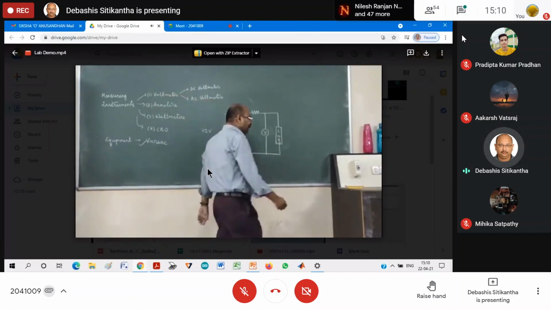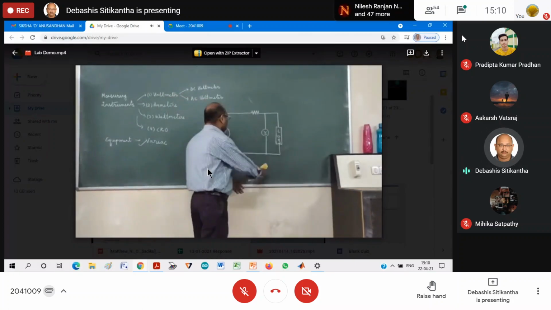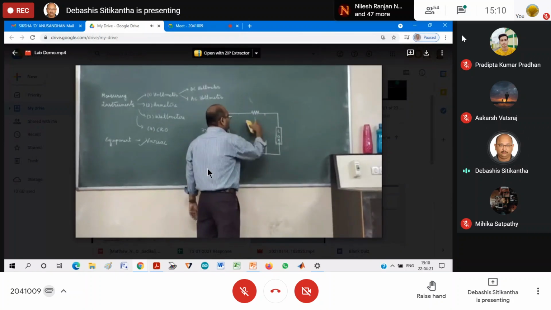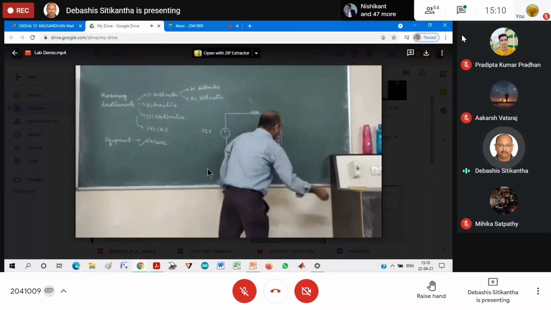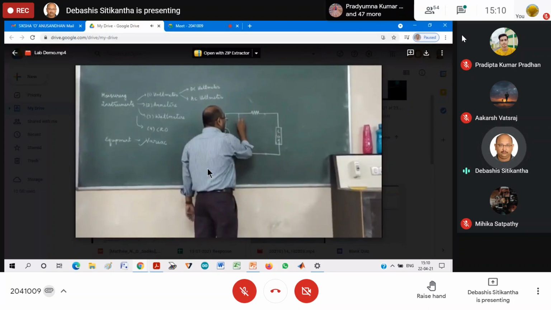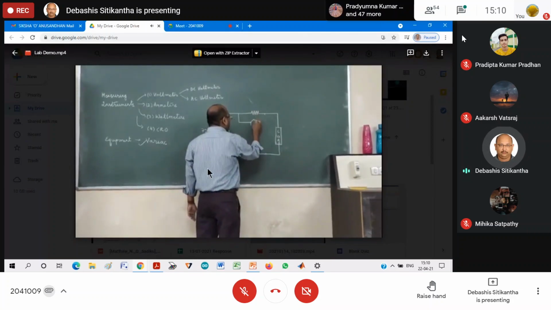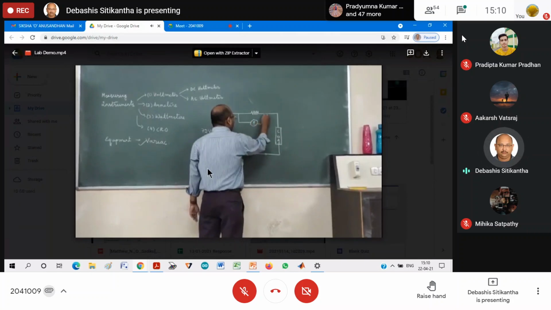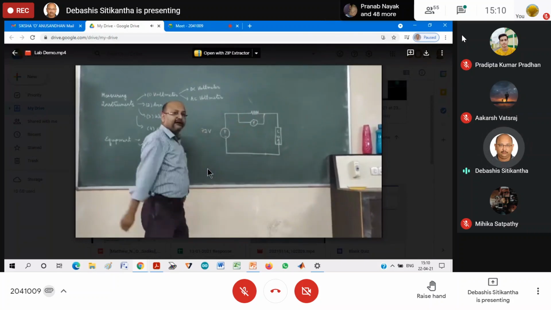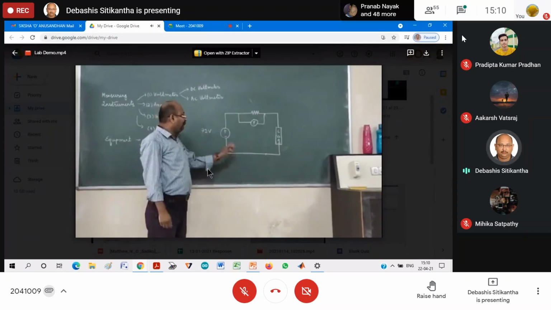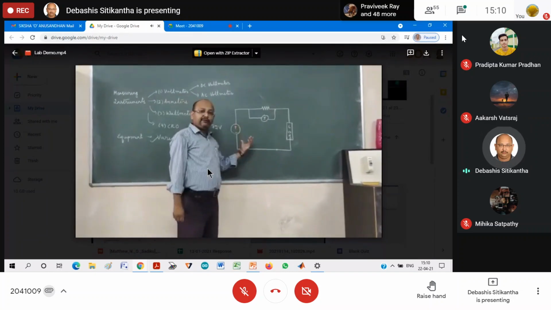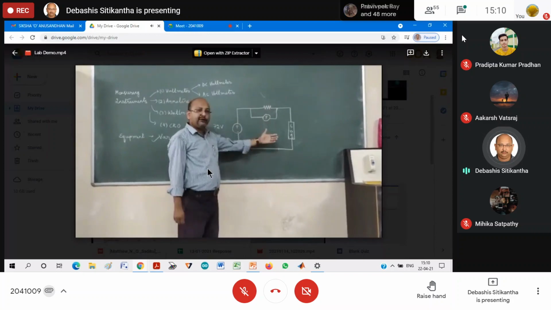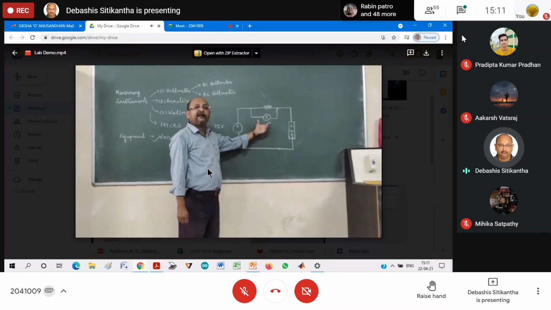Now suppose you ask how to find the voltage drop across this resistance? There is no problem. We connect the voltmeter in parallel across this particular resistance. So whenever I want to measure the voltage across a source or a load, I have to connect the voltmeter in parallel.